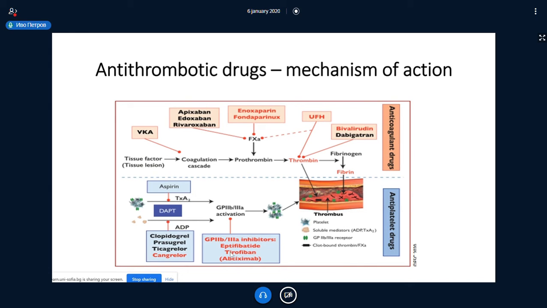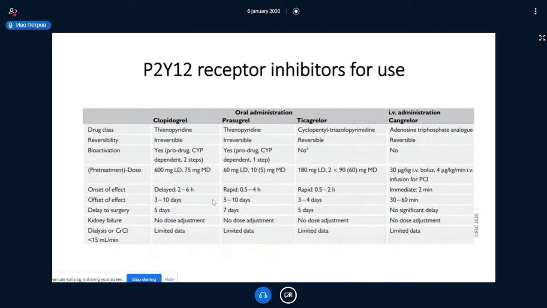And the oral antiplatelets, clopidogrel, prasugrel, and ticagrelor, are in fact blocking the P2Y12 receptors of the platelets, and our old friend aspirin is blocking thromboxane A2. In fact, both of them are blocking the capacity of the platelets to aggregate.